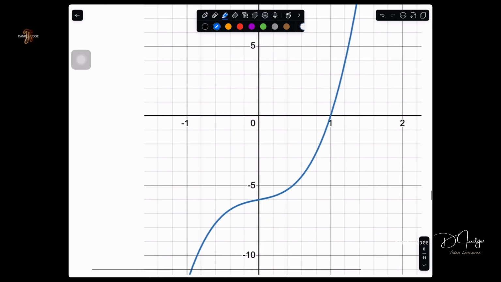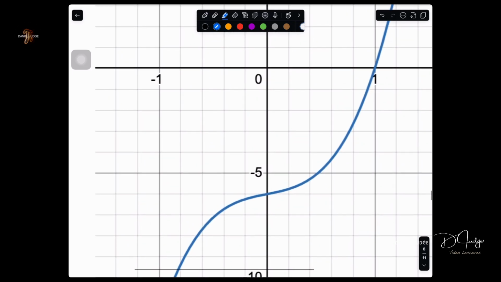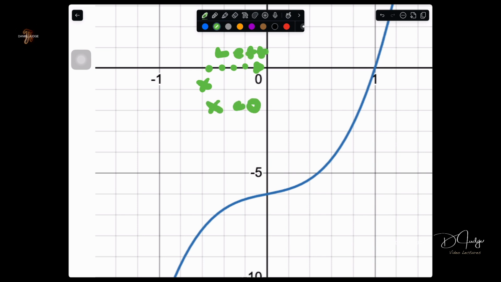Now let's take a look here. X is going to 0 from the left. Let's look at the graphical approach because we want to really understand the ideas behind this. So these are the x values. They're going to 0 from the left side. Okay, that's to the left of 0. Those are x values that are smaller than 0. On the curve, though, every x value has a corresponding y value.